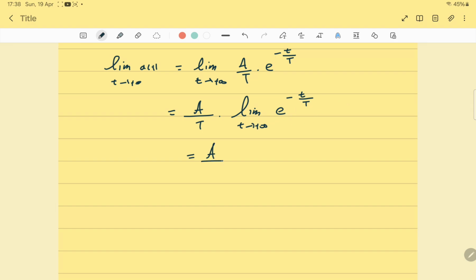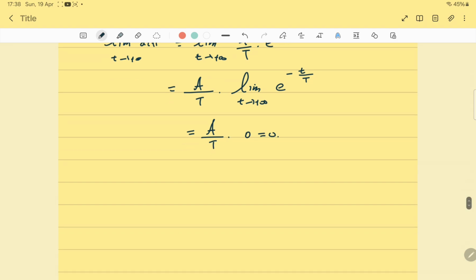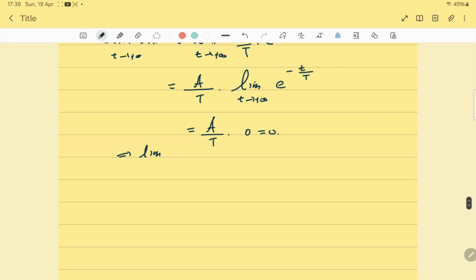So it's going to be A over capital T times 0, which gives me 0. And the limit as t goes to infinity of the acceleration a of t is 0.